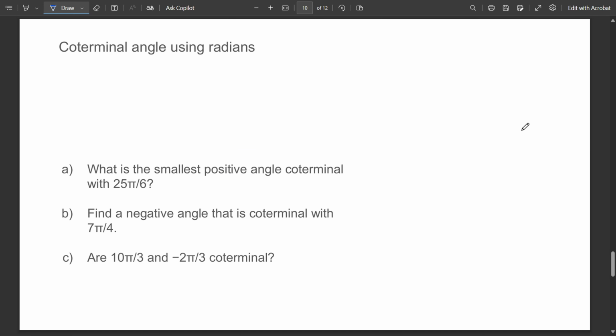So coterminal angles using radians, the same concept. If I have pi over 4, or this is 45 degrees, and let's say we want to rotate it counterclockwise into this angle again, we have pi over 4 plus 2 pi. So we have pi over 4 plus 8 pi over 4, 9 pi over 4.